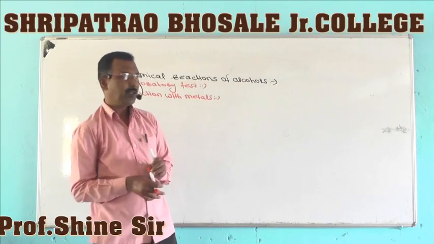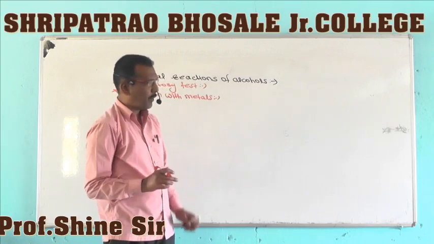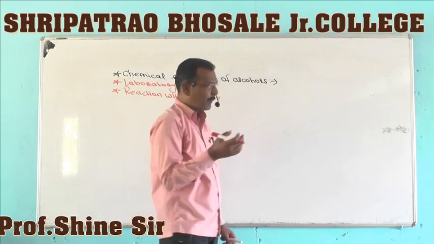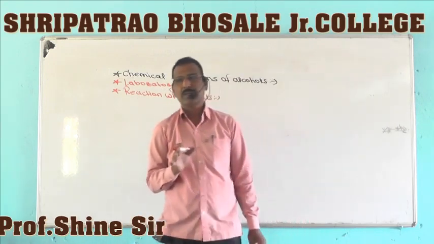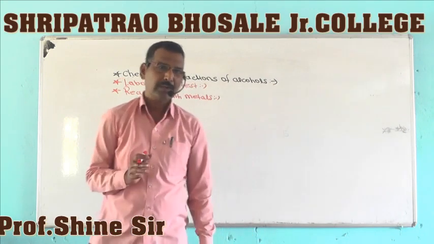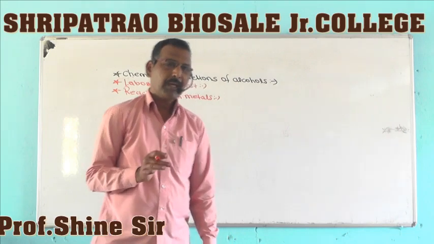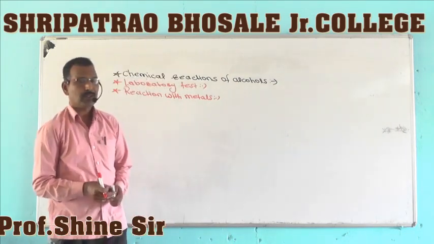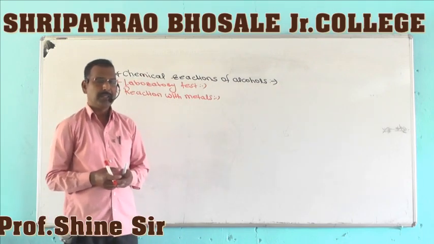But alcohols do not react with strong bases or even the usual weak bases. That is, they do not react with sodium hydroxide, potassium hydroxide, or sodium bicarbonate. But alcohols do react with active metals such as sodium and potassium.